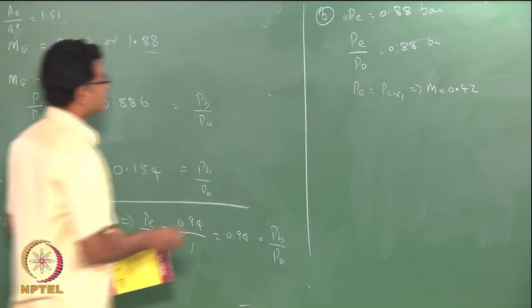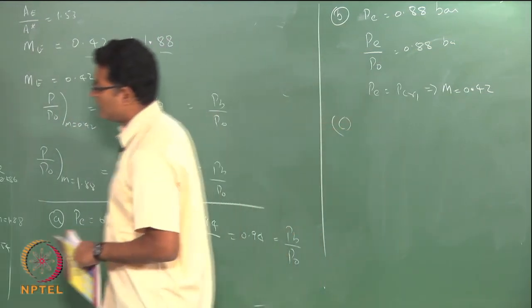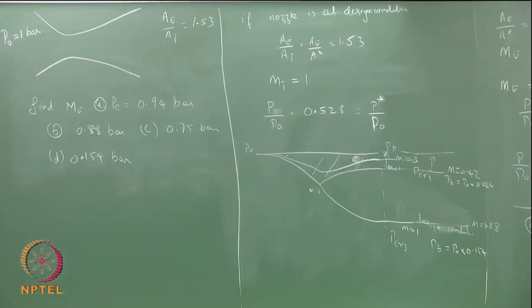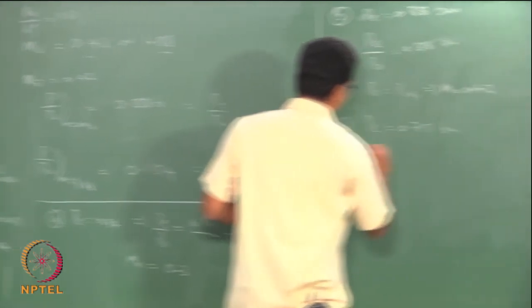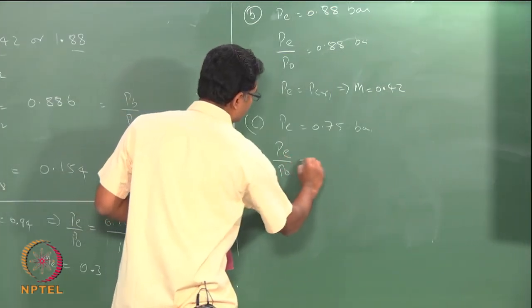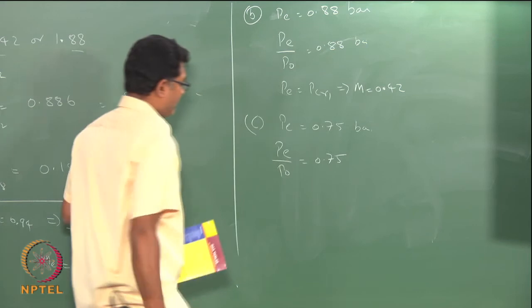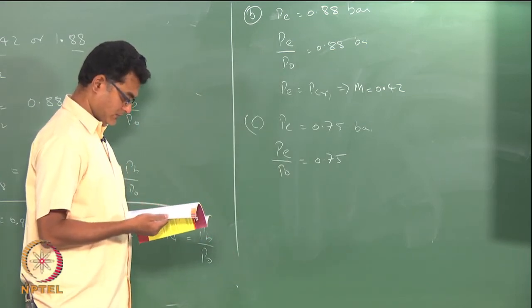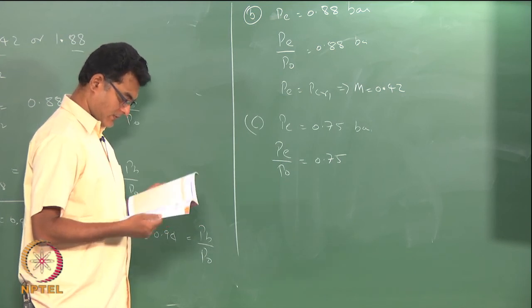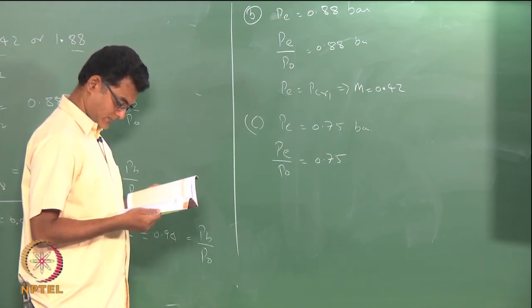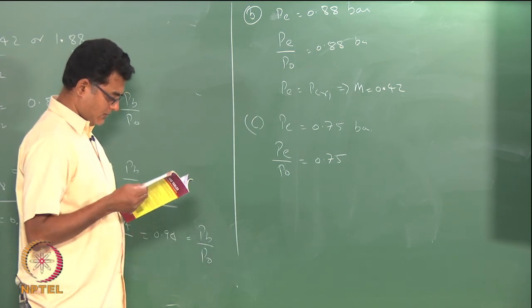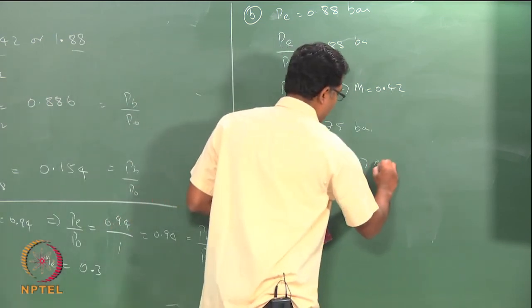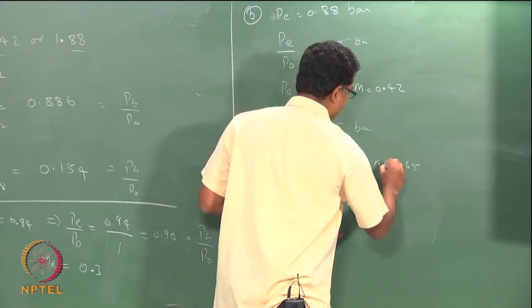Okay. Now, take the third case, which is 0.75 bar. Again, do the same process. I look at the tables, 0.75 is M equals 0.65.